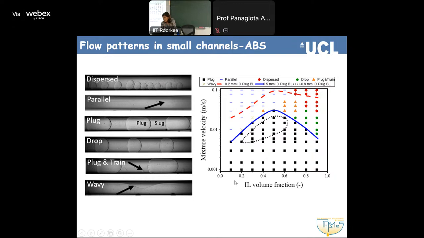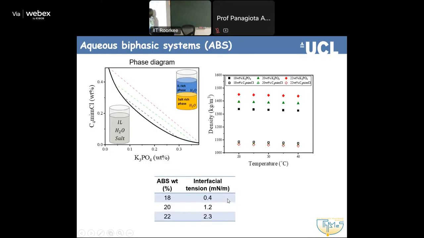This is a logarithmic scale as well, with the mixture velocities and the volume fractions of one of the phases. Beyond that, it won't. There's no phase separation, we are always in this case here. Yeah, that's that.